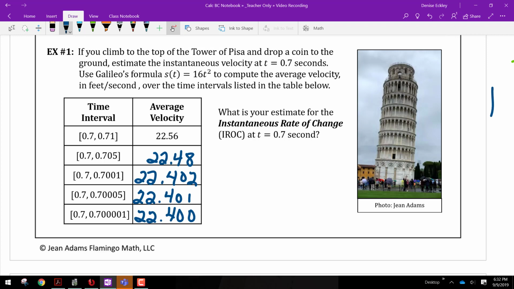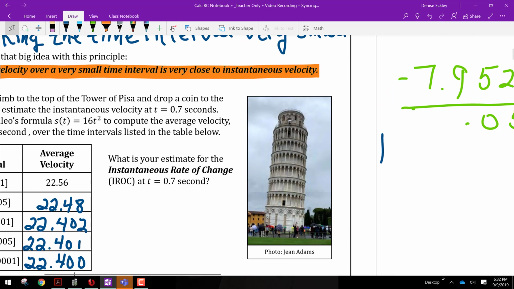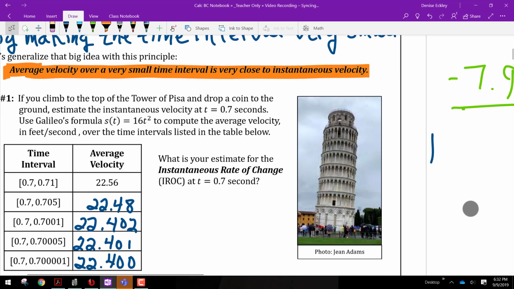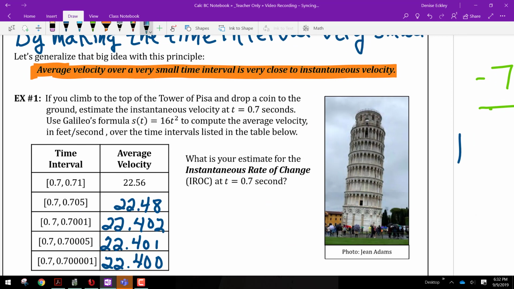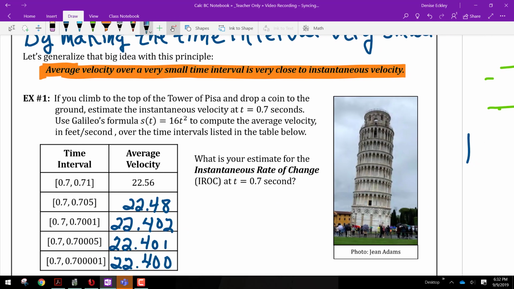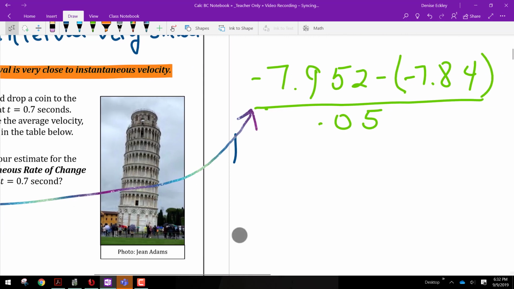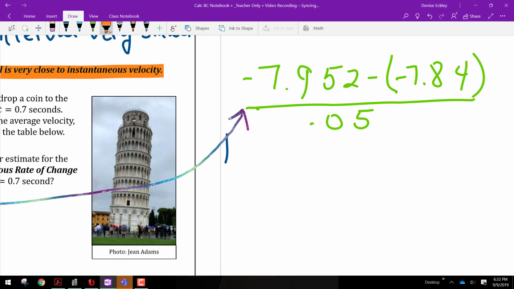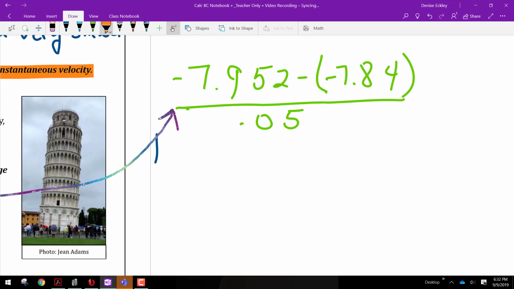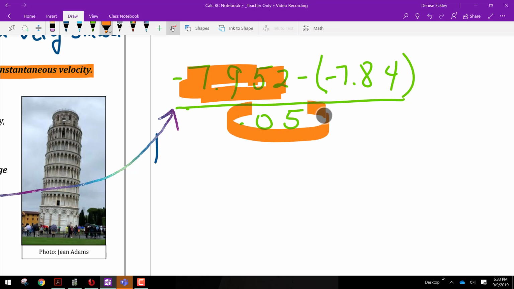Okay, so how did I get those numbers? So here's how I got them. If I look over here at the first one that I filled in right here, what I did was I calculated the value when I substitute in 0.705 here, and then subtracted from it the value at 0.7 seconds, and then I divided it by the time interval here.